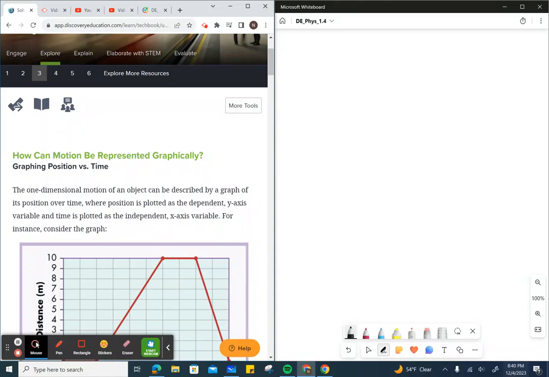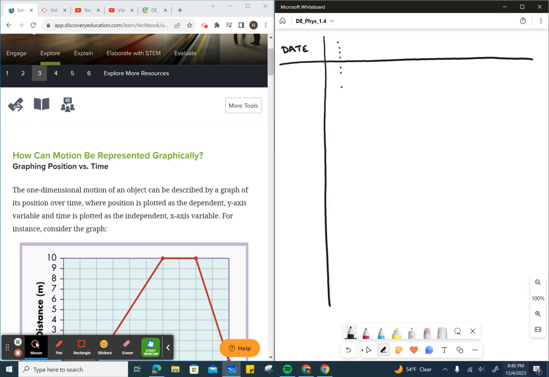All right, explore number 3. How can motion be represented graphically? Go ahead and write that out.